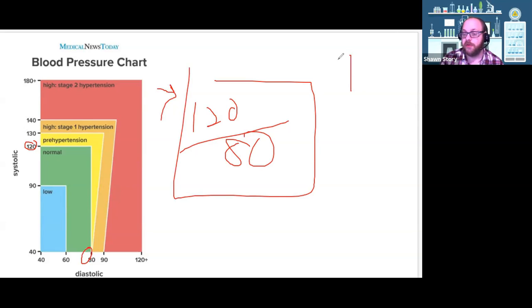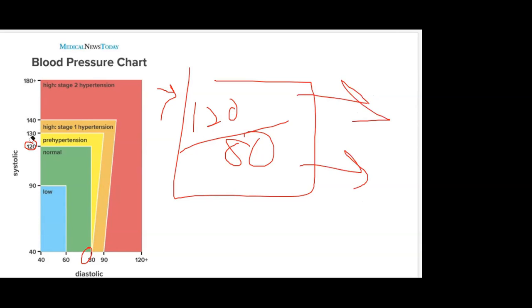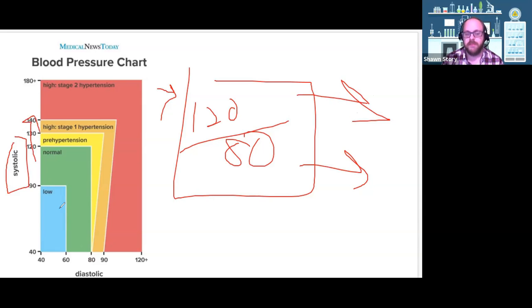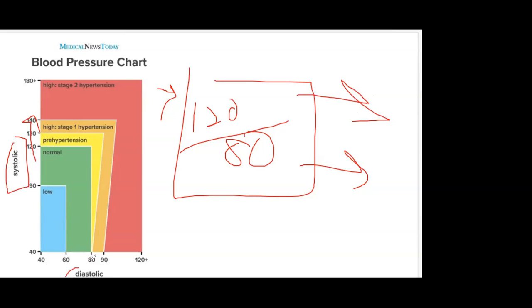As those numbers go up higher, that's a bad sign. And as those numbers go lower, that's also a bad sign. The average is 120 over 80, but what do those mean? What is the 120 and what is the 80? Do we know? Systolic and diastolic, yes, those are our two terms.